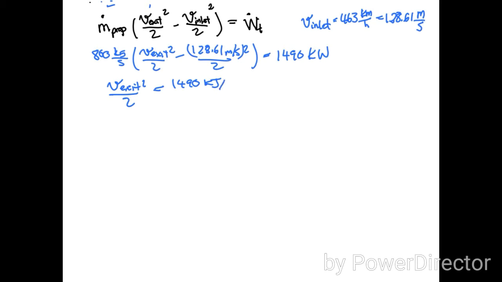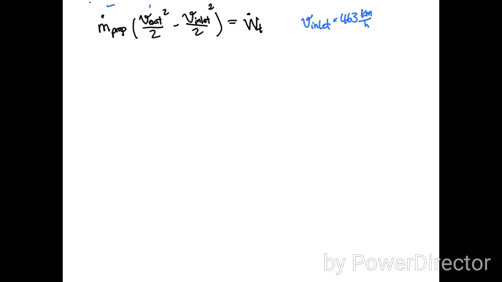I'll write that as kilojoules per second, divided by 800 kilograms per second, and then we need to convert 1 kilojoule to 1,000 kilograms meters squared per second squared.